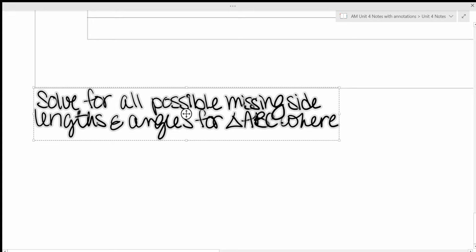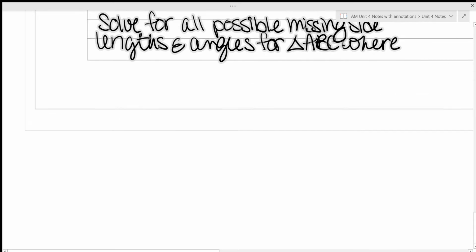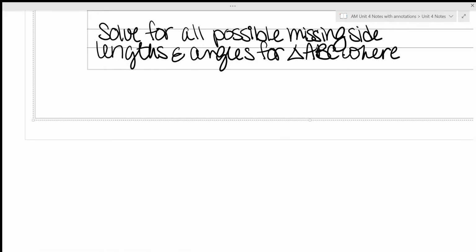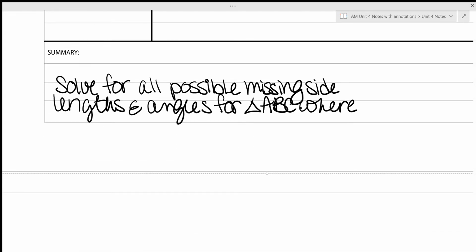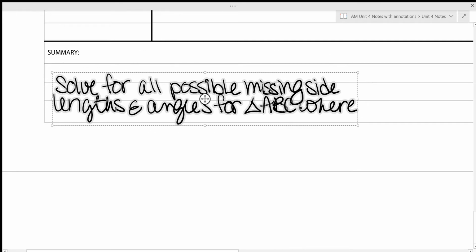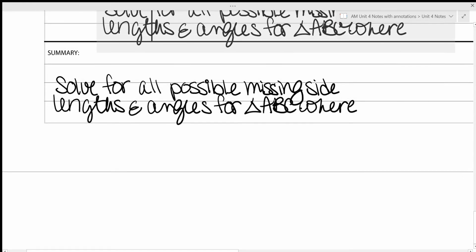I gotta move that way up because I don't want it down there. Okay, did that at the very bottom of that. I could have written this so much faster. If I had just done that, it would have been so much better.